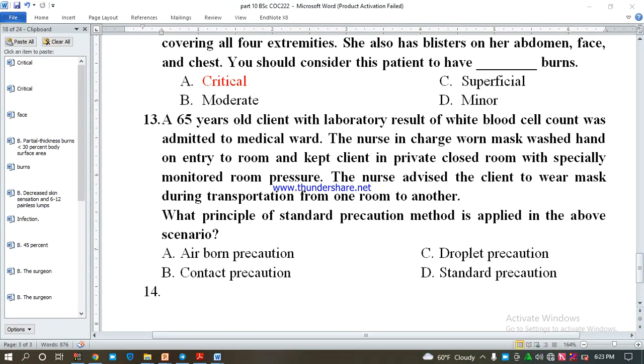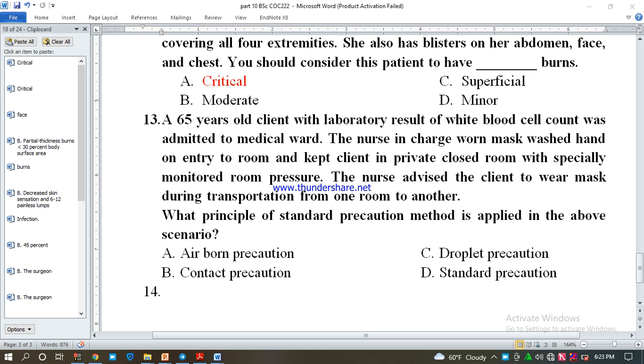Airborne precaution is for patients known or suspected to be infected with pathogens transmitted by the airborne route, for example TB, measles, chickenpox. For these types of patients, appropriate patient placement is an isolation room or separate room.